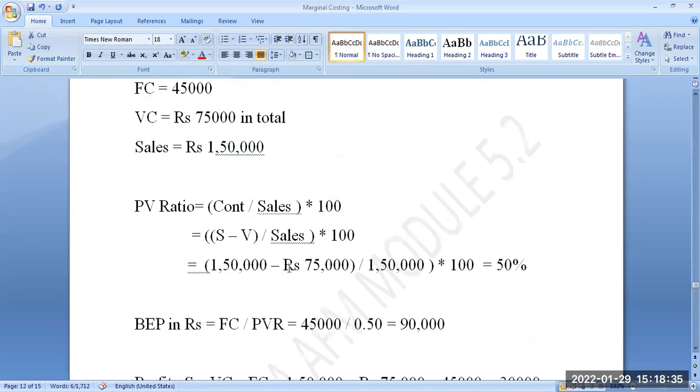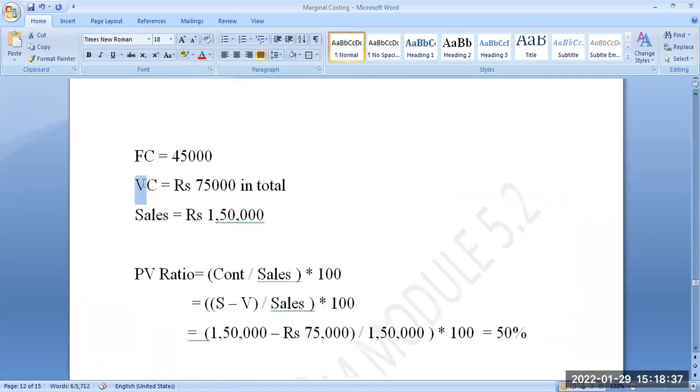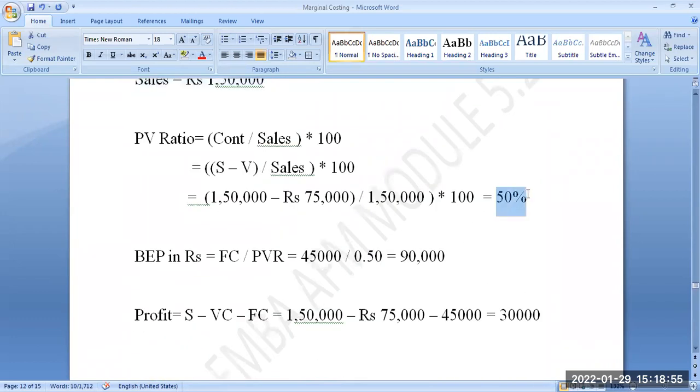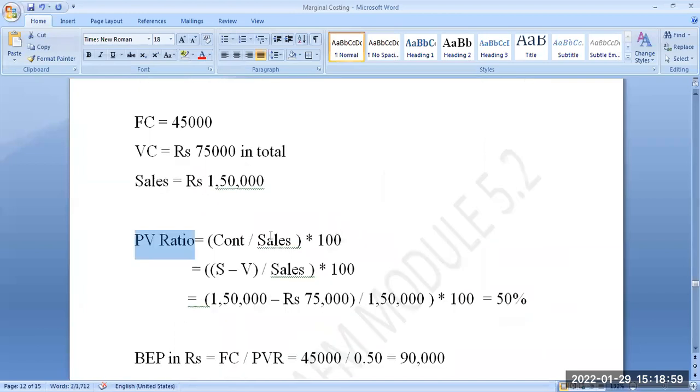What is contribution in this question? Variable cost in total is 75,000. Sales is 1,50,000. So what is the contribution? Contribution in total is equal to 75,000, right? 75,000 divided by 1,50,000 into 100 is equal to 50%. Are you able to get the point of PV ratio? In this case, both are 50-50.